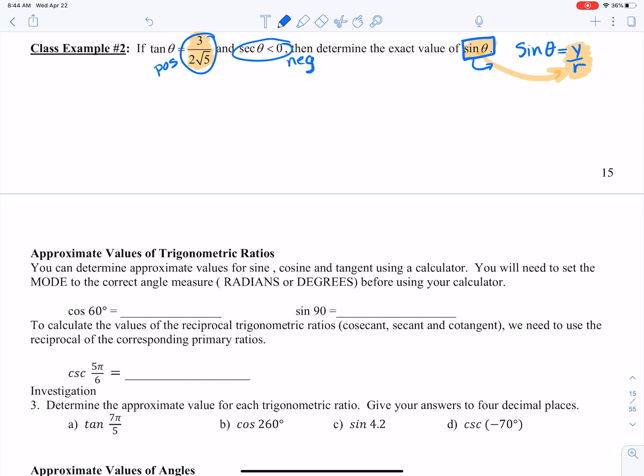Well, the CAST rule doesn't work for secant because it's not one of the primary ratios, so this means the same thing as cos theta is negative. So if I take a look at my CAST rule, tan is positive in quadrant 1 and quadrant 3. Cosine is negative in quadrant 2 and quadrant 3. So quadrant 3 is what meets both requirements, so that's where I'm going to draw my triangle.